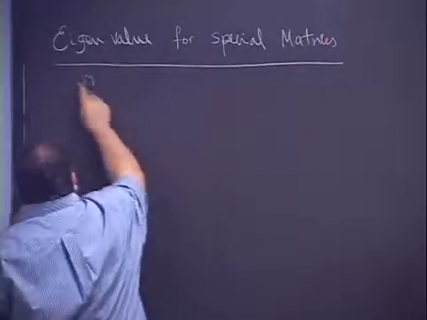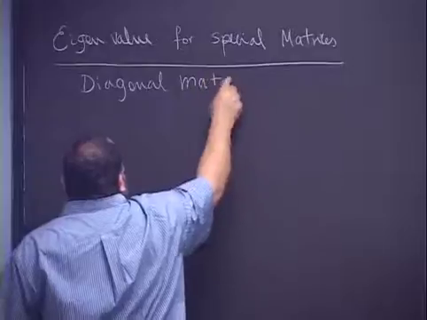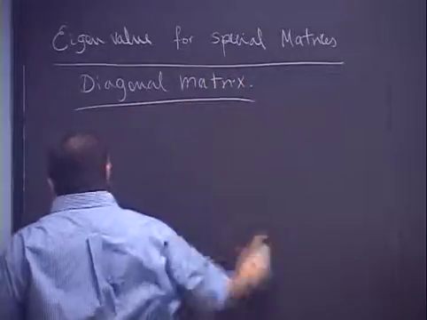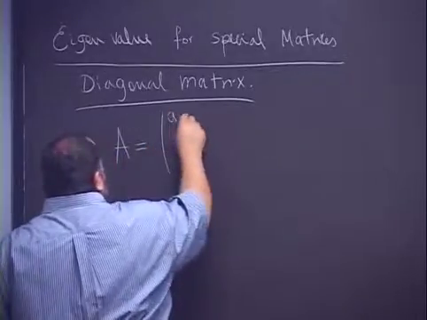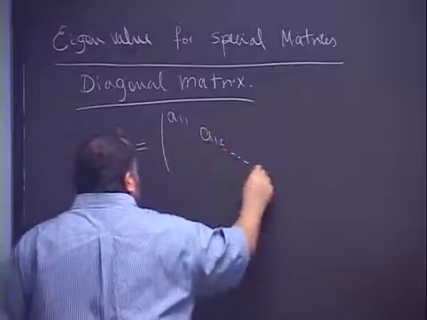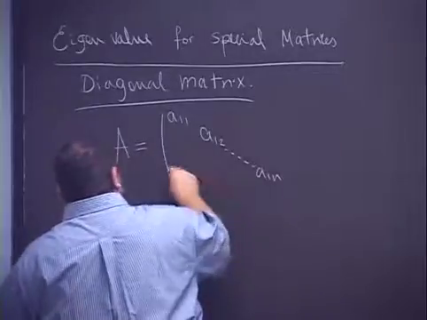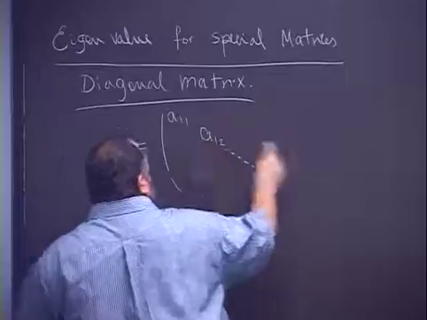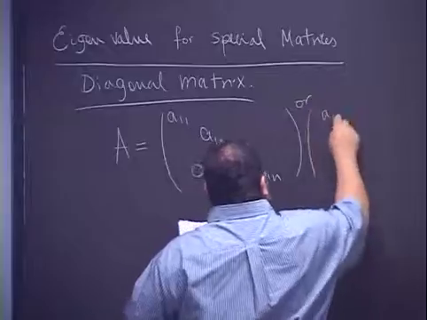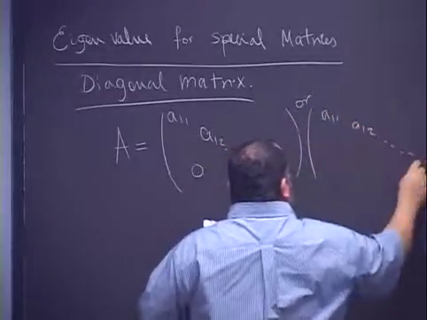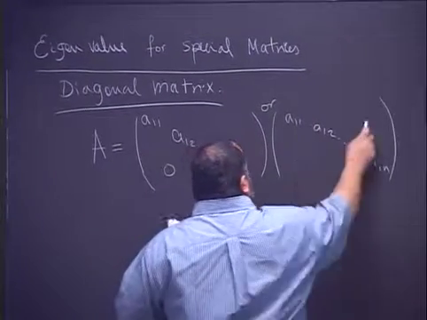So if we look at the diagonal matrix, and if A is a diagonal matrix, you knew that it will be A11, A12 up to A1n, and then you will have zeros here.